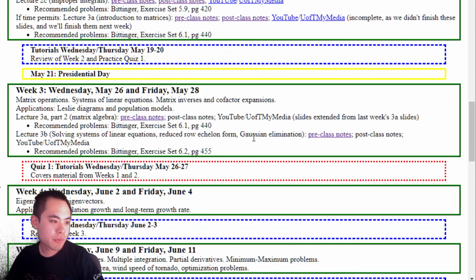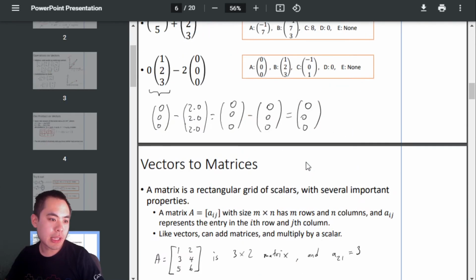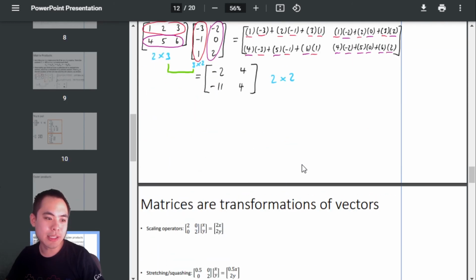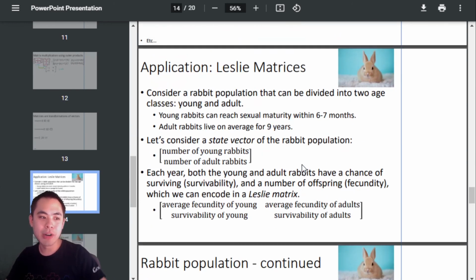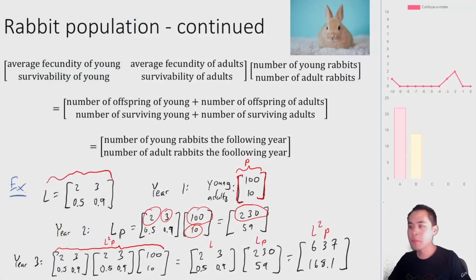If you go into the lecture 3A pre-class notes, you'll see that I have basically everything that isn't written. So if you have trouble writing down all these things, you can just go look at the PDF. And of course, I'll put a PDF of everything I've done after class with my writing. Okay, so hopefully this answers your questions.